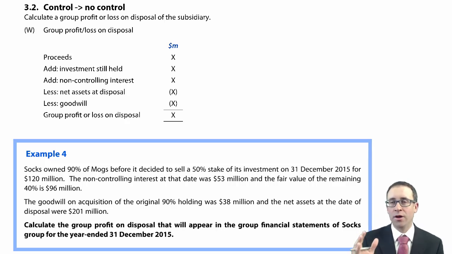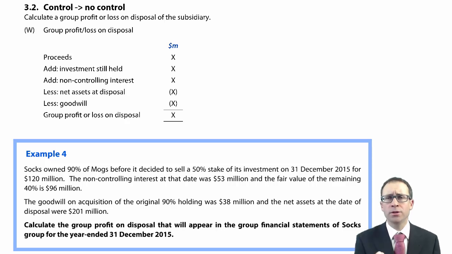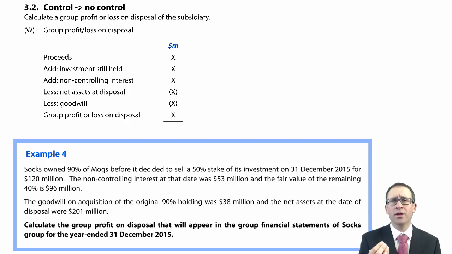But the issue that we're going to look at here is that if we're no longer consolidating, what do we do? Okay, well, consolidation was all about substance, wasn't it? And we're still going to look at things from a substance perspective, because in substance, what we have done is we have disposed of the subsidiary and we've disposed of the assets, the liabilities, we've got rid of the goodwill, and there's therefore no non-controlling interest.